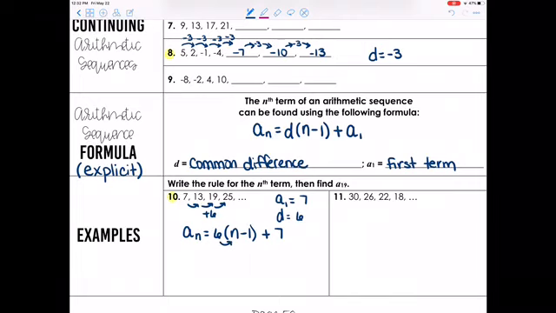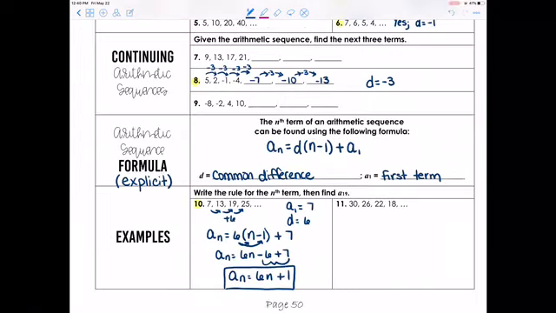So we're going to distribute that 6 into the parentheses. So we get 6n minus 6 plus 7, and then we can combine those terms. So we get 6n plus 1, and that would be the explicit formula for sequence number 10.